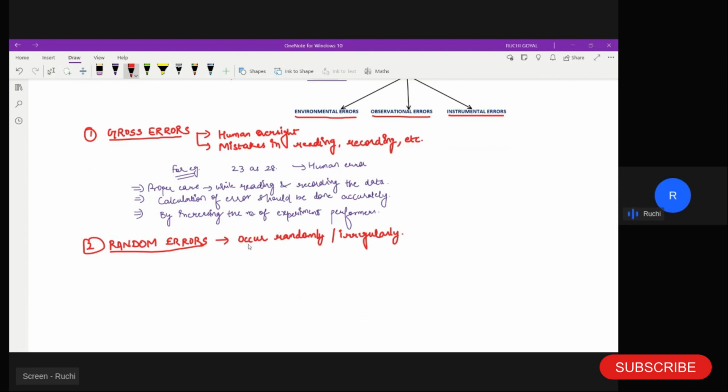When we perform the experiment, they can occur because of random and unpredictable fluctuations. These fluctuations will occur in the experimental conditions.